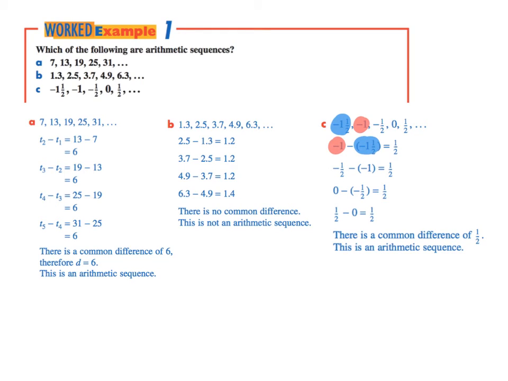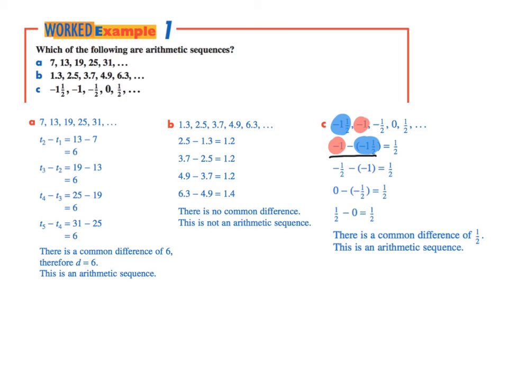So this actually makes a positive sign with these two negatives next to each other. So this example here reads as -1 plus 1.5, which gives us a value of 1/2.